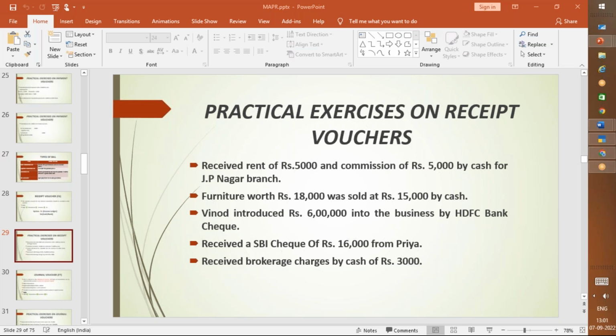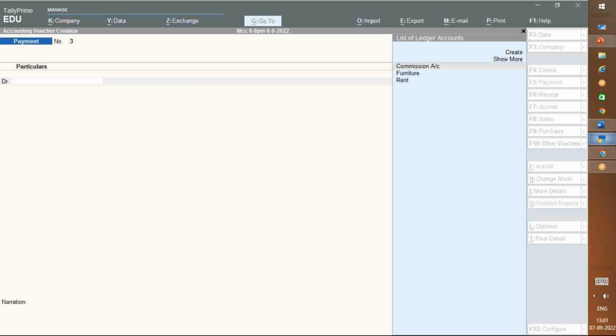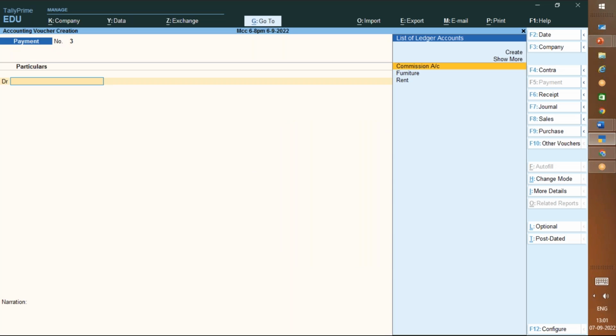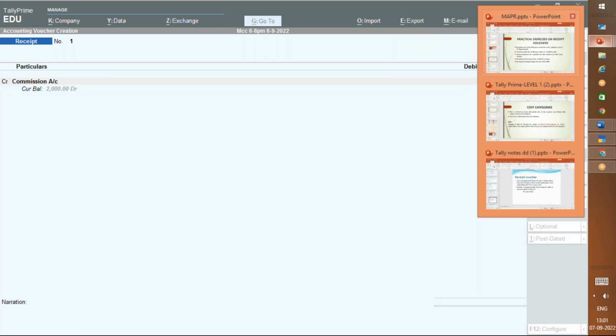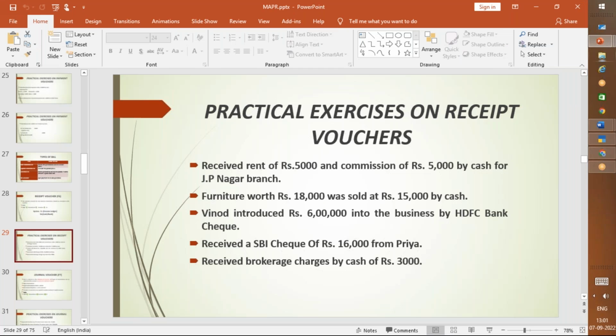Rent received rupees 5,000 and commission of rupees 5,000 by cash. Five thousand.